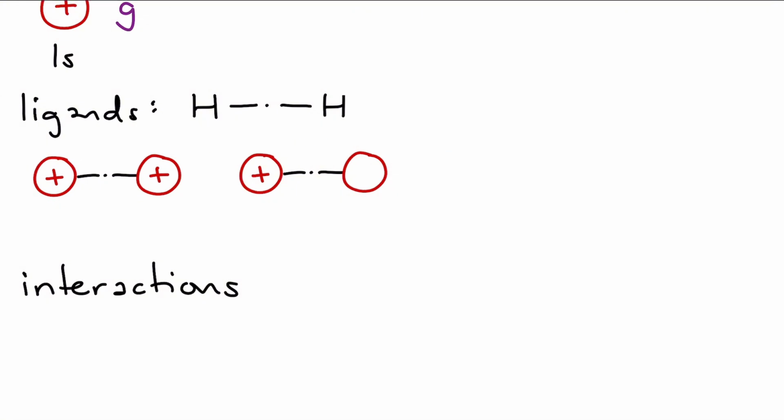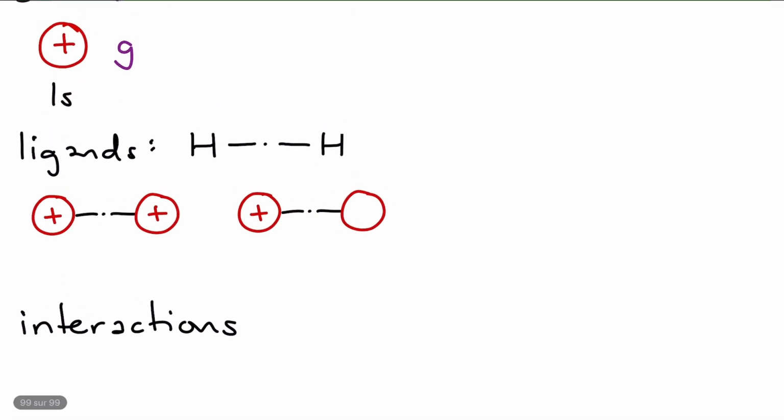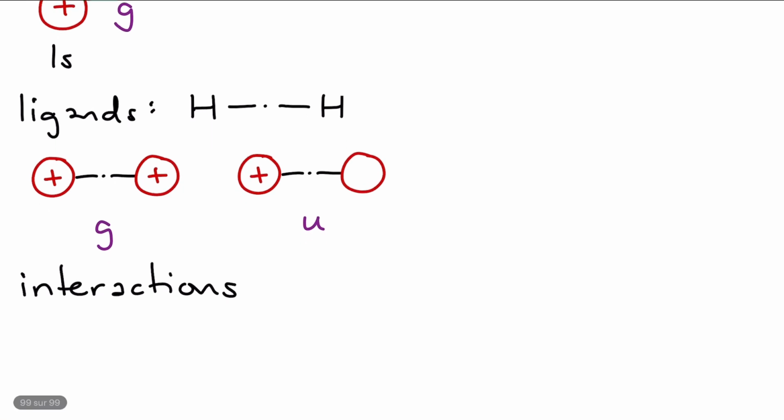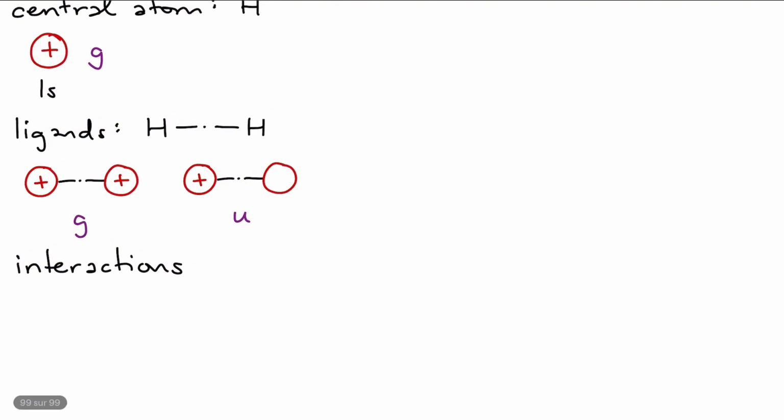If we apply a symmetry operation like inversion, when you invert the left one through the center, it's still going to be gerade. For the right one, if you use the inversion operation, this plus phase will end up on the right side instead. So this one is ungerade, because when you use the inversion operation, it now has the opposite sign.